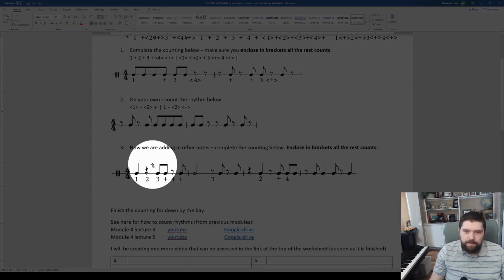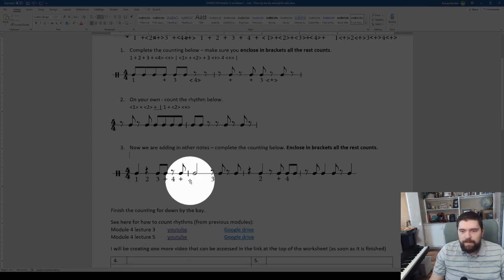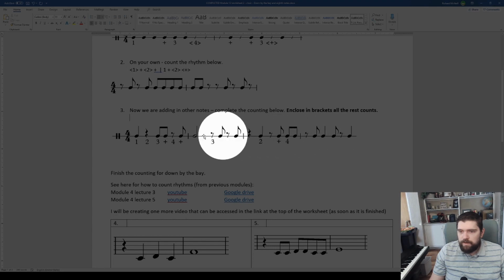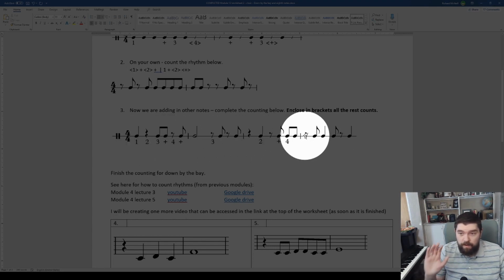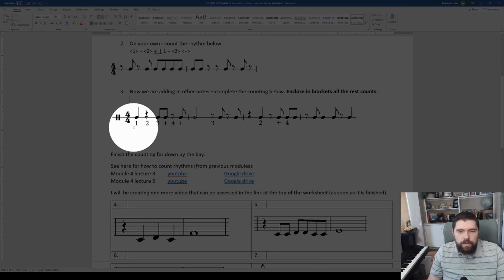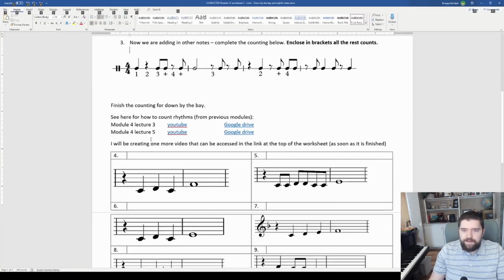All right, now let's take a look at number 3. You should be getting pretty good at this by this point. Make sure you enclose what you need to in brackets here, and you do the rest of it on your own. I'm not going to go through any more of it. You should be doing this now on your own. I will talk a little bit about what we have down here.